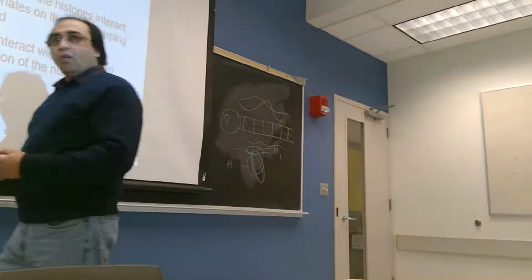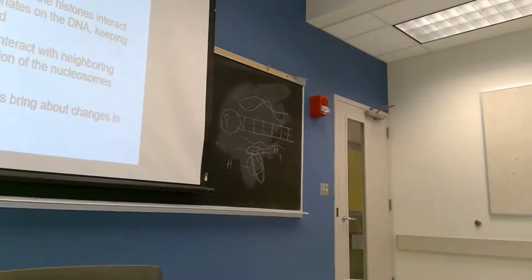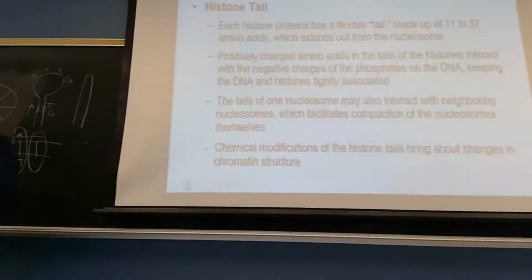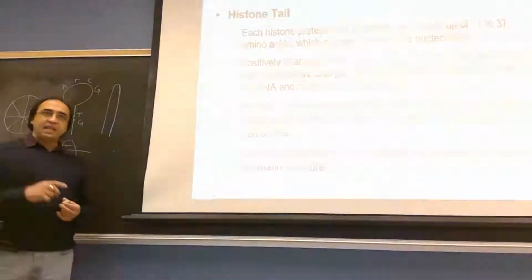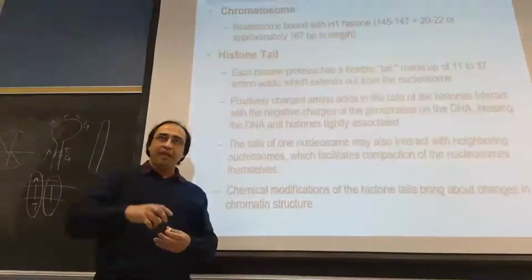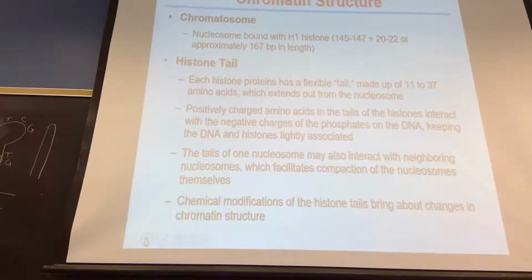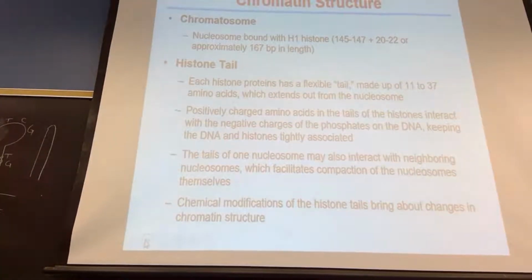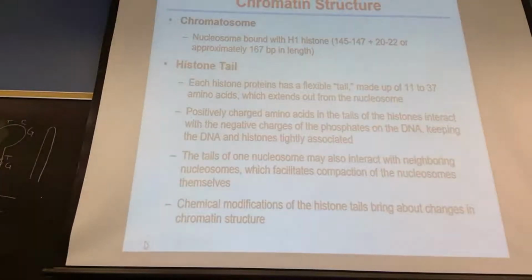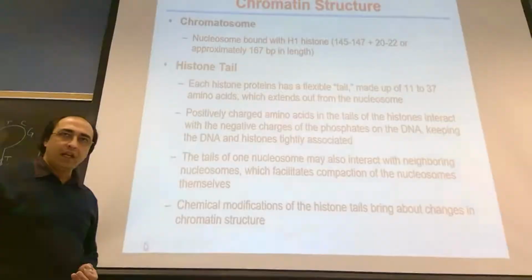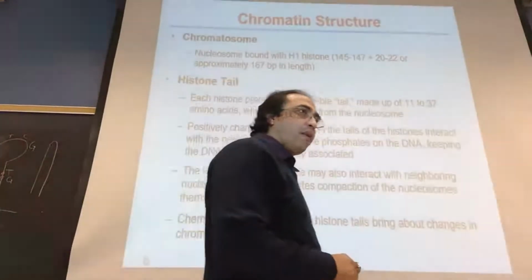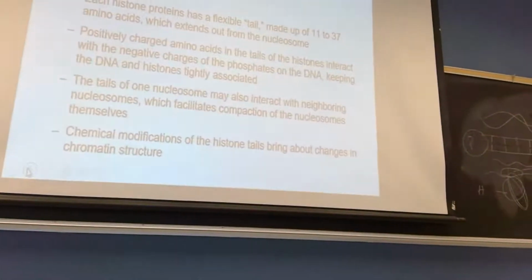We know that 145 BP of DNA is required to coil the histone octamer, and 22 BP extra is required for histone 1 clamping. Altogether it is around 167 BP long. So in one chromatosome you can find 167 BP of DNA, and in one nucleosome you can find 145 to 147 BP of DNA.